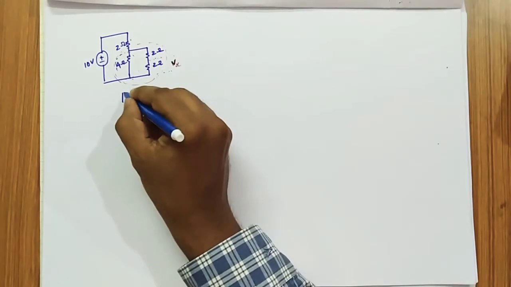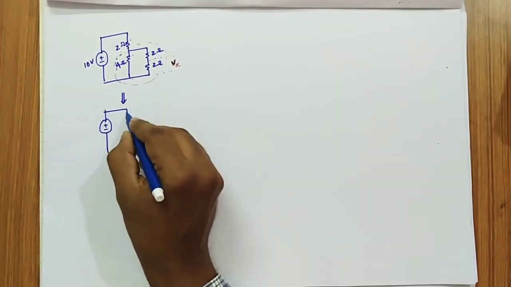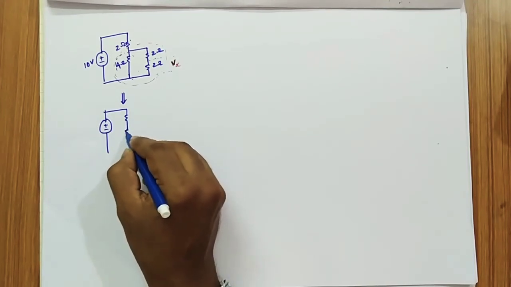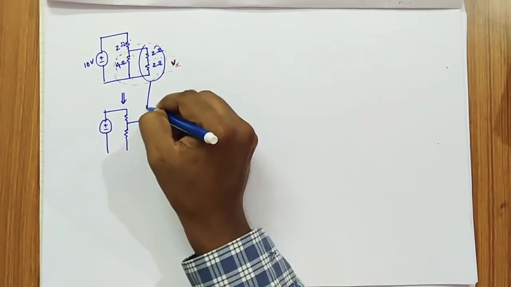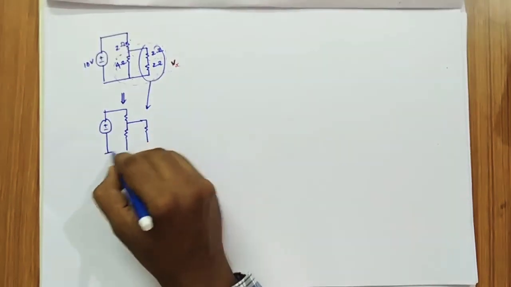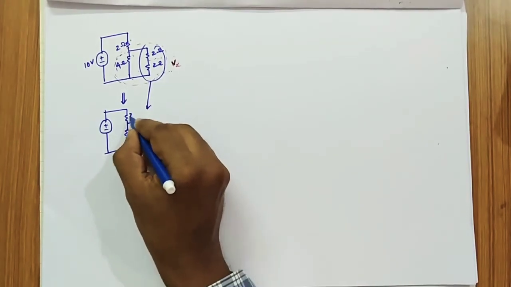So we'll redraw the circuit like this. The two resistors are connected in series, so replace that resistance with 4 ohms. And you have again 4 ohms and this 2 ohms.